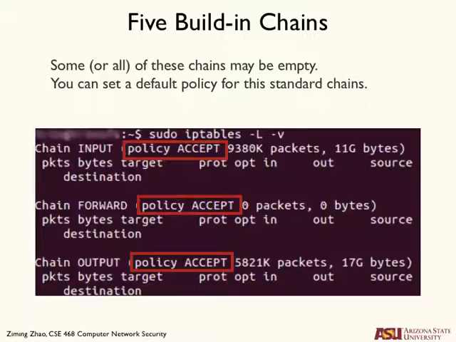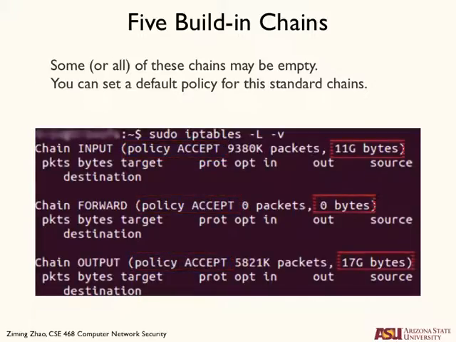So all the packets do go through iptables, but iptables in this case is not really doing anything, just accepting, not rejecting. Also, we can see that the INPUT chain has processed 11 gigabytes of data, and the FORWARD chain didn't process any data, so maybe this screenshot is taken from a host, not a router. The OUTPUT chain generates more data, 16 gigabytes, so maybe this is a web server or something.